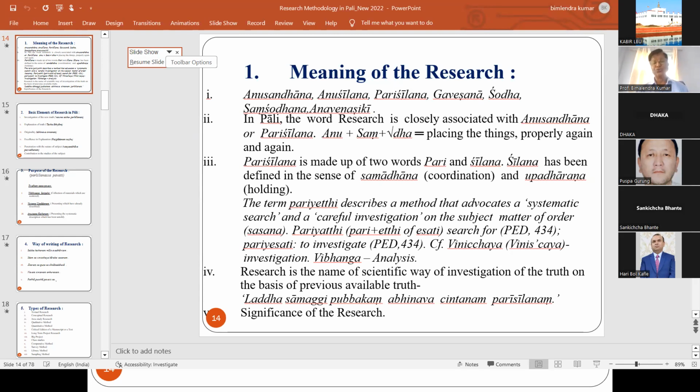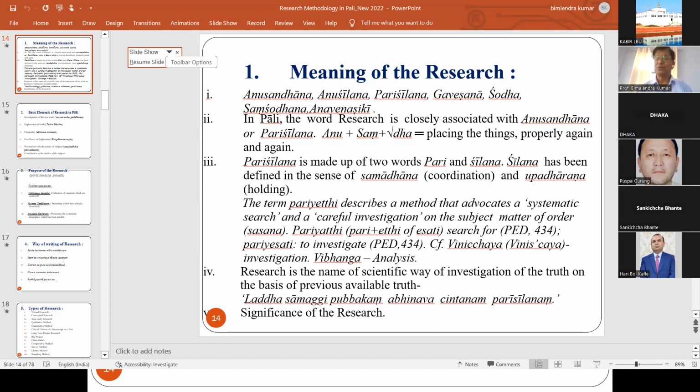samadhana. So there are two terms which are related with our silana. That is, it is in the sense of coordination, coordination of the inconsistency related with physical and vocal actions. There are three types of physical actions related with panatipata, adinnadana, and kamesu micchachara.